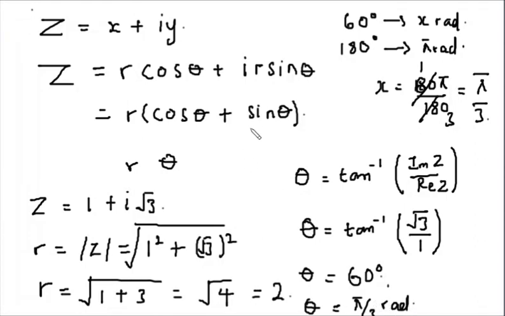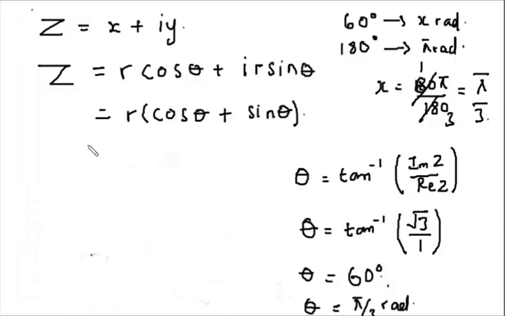Let's plug this into this format and get our value for our polar conversion. Now that we have our value of theta and r, we just plug them into this format.